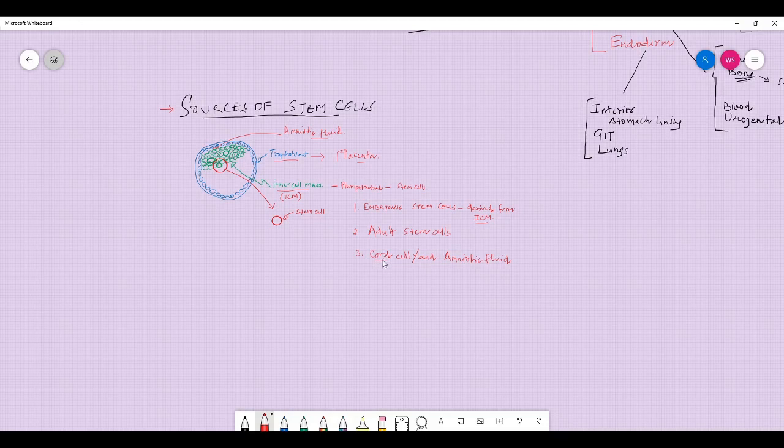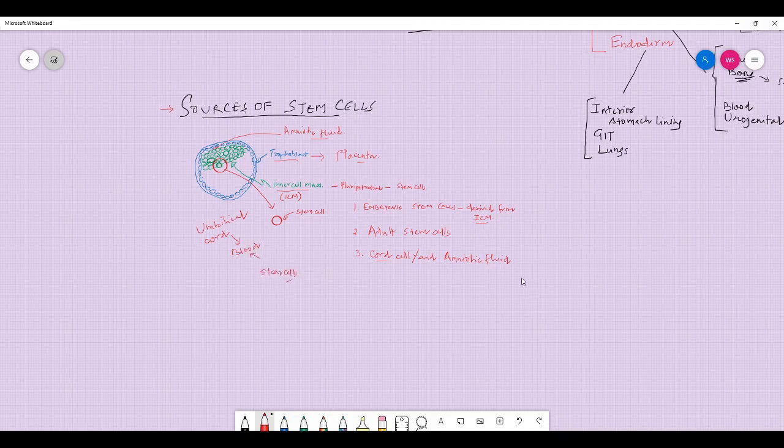This cord contains blood, and that blood contains stem cells. So the umbilical cord contains blood, and that blood contains stem cells.